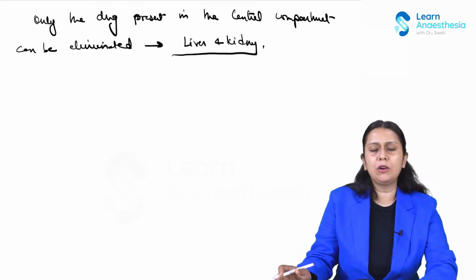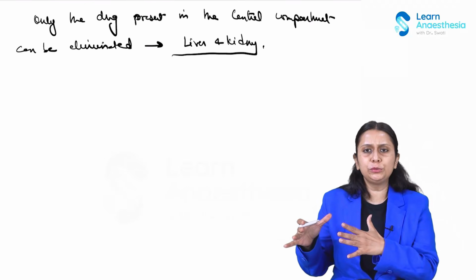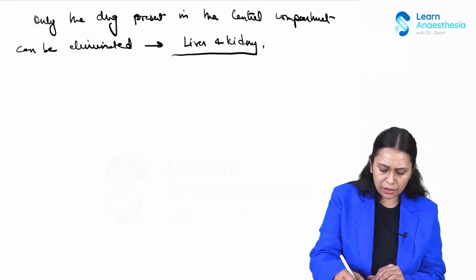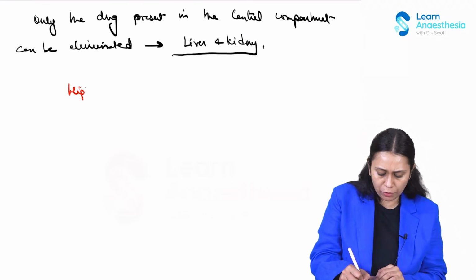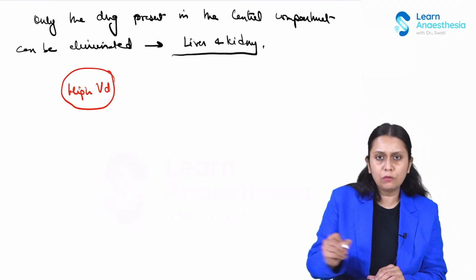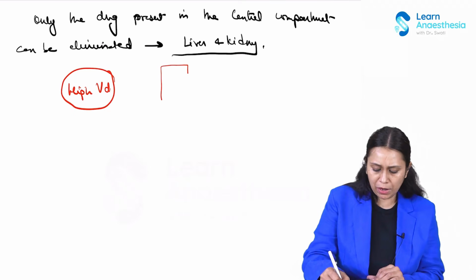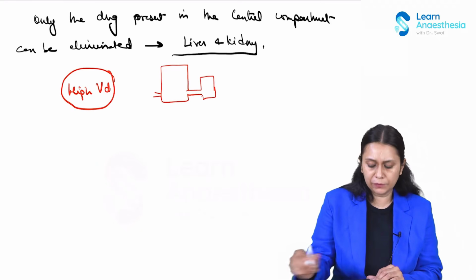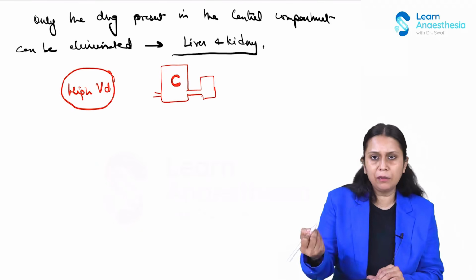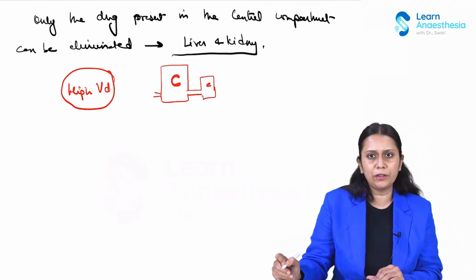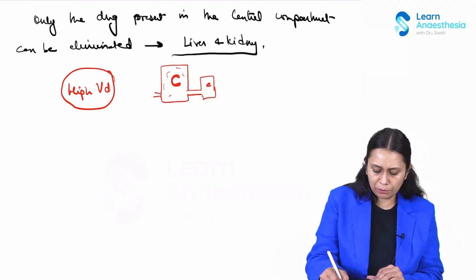So let us talk about how a larger volume of distribution would affect the half-life. If a drug has a high volume of distribution, what happens? Now this is the central compartment, this is connected to the peripheral compartment, okay? And let's say the elimination of the drug is also happening. So this is the concentration of drug in the central compartment and this is the concentration of drug in the peripheral compartment. From the central compartment, when the drug is eliminated by liver and kidney, the drug is metabolized, the concentration of the peripheral compartment becomes more.